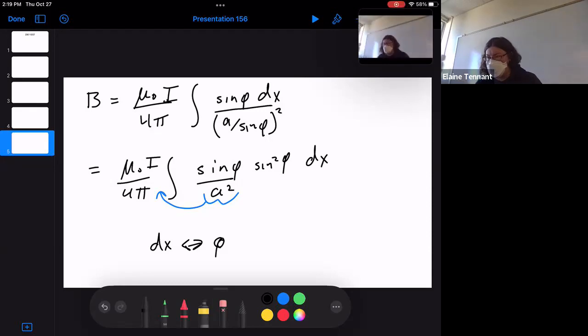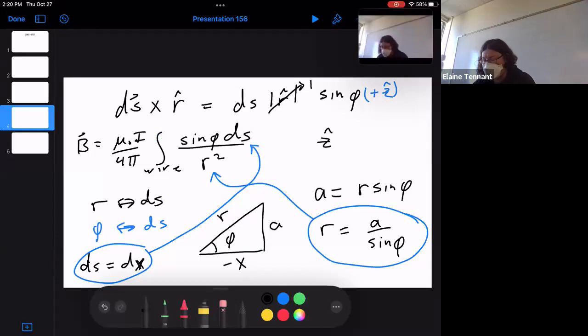And we're going to do it through the same triangle, where we see if I want to relate phi and x, I could do it through a cosine or I could do it through a tangent, right? Now I'm going to choose tangent because that lets me use this a, which is a constant, instead of the r, which I would then have to change back into an a.